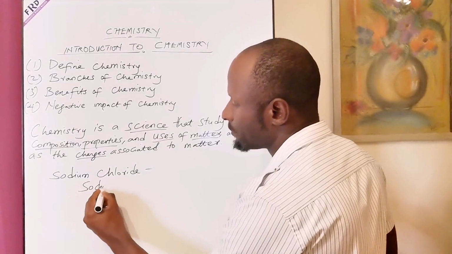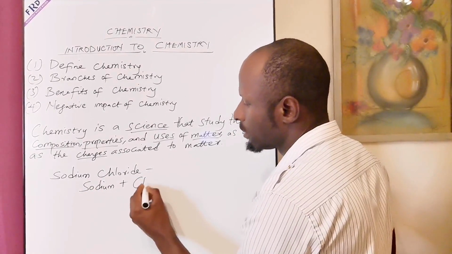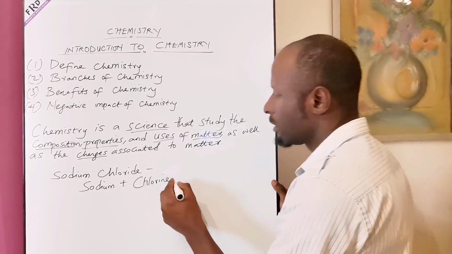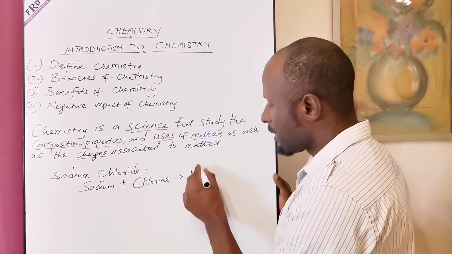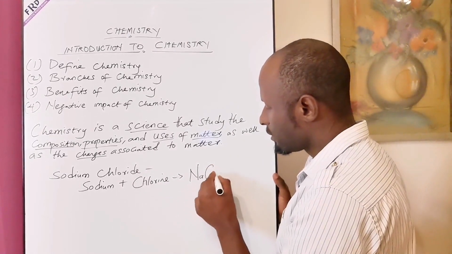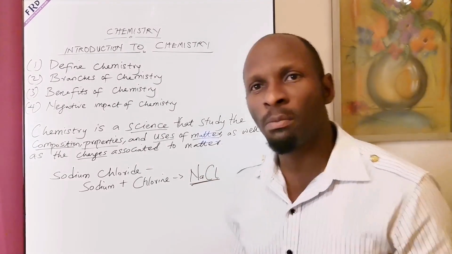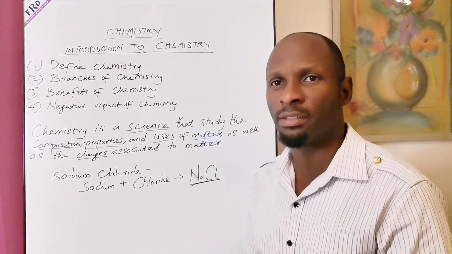Sodium and chlorine. This is why the chemical formula is what? NaCl. Because sodium and chlorine came together to form sodium chloride.